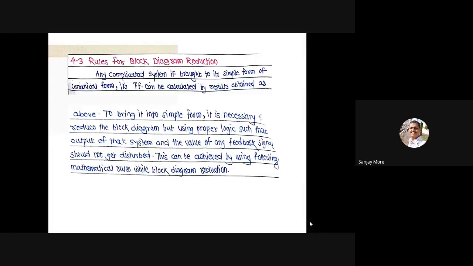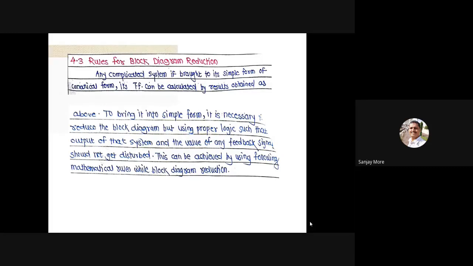Any complicated system, if brought to its simple form, its transfer function can be calculated from the result obtained. Whether you make 10 blocks or 6 to 7 blocks, your result will be the same.